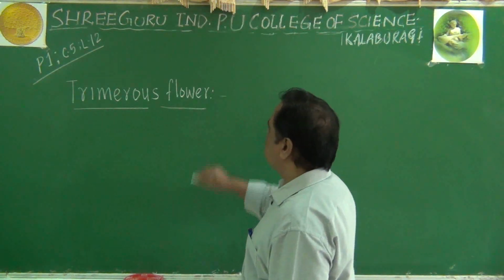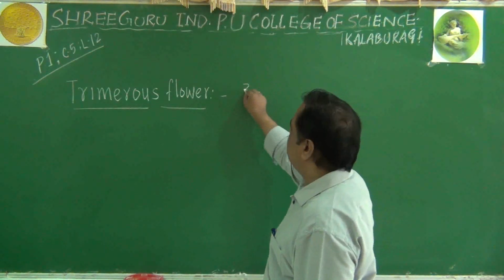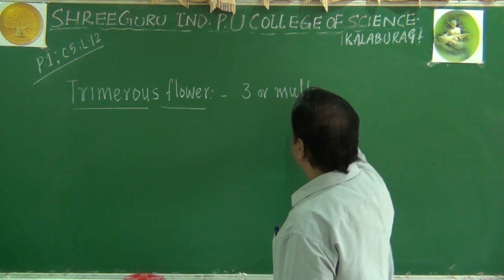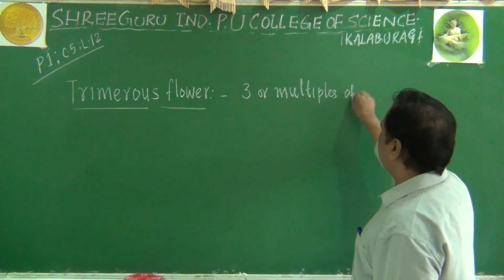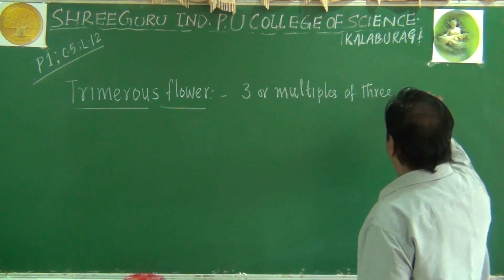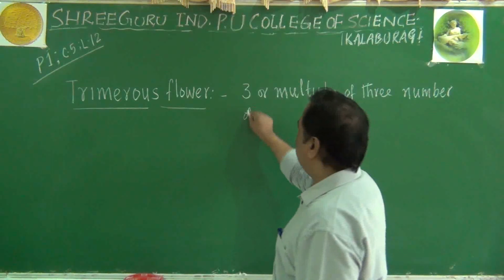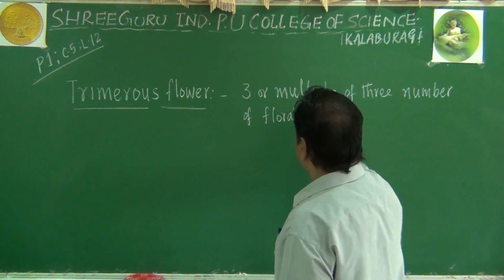For this trimerous flower, they will be having three or multiples of three number of floral whorls.